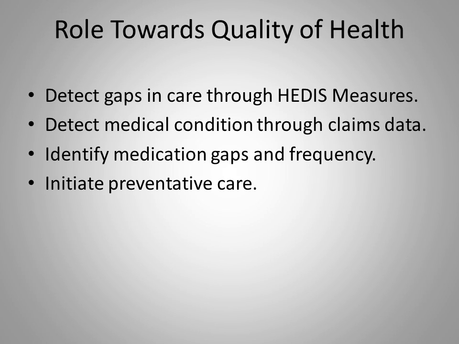Health plan is a key contributor to CCD and plays a vital role towards quality of health. It detects gaps in care through HEDIS measures. It detects medical conditions through claims data, identifies medication gaps and frequency, and initiates preventative care.